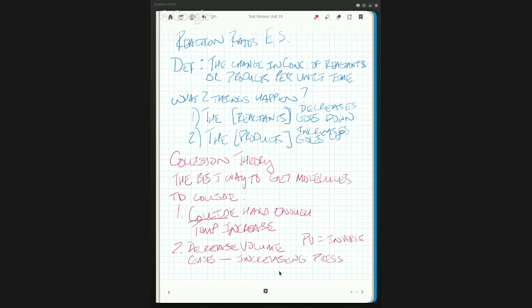So if we decrease volume, then they're more likely to run into each other. If we increase pressure, they're more likely to run into each other. So that's another way of increasing the likelihood of molecules colliding. The next thing is, there's just a few of them floating around in there, and you're frustrated. How can I get more collisions with just a few of them? Well, what if we added more?